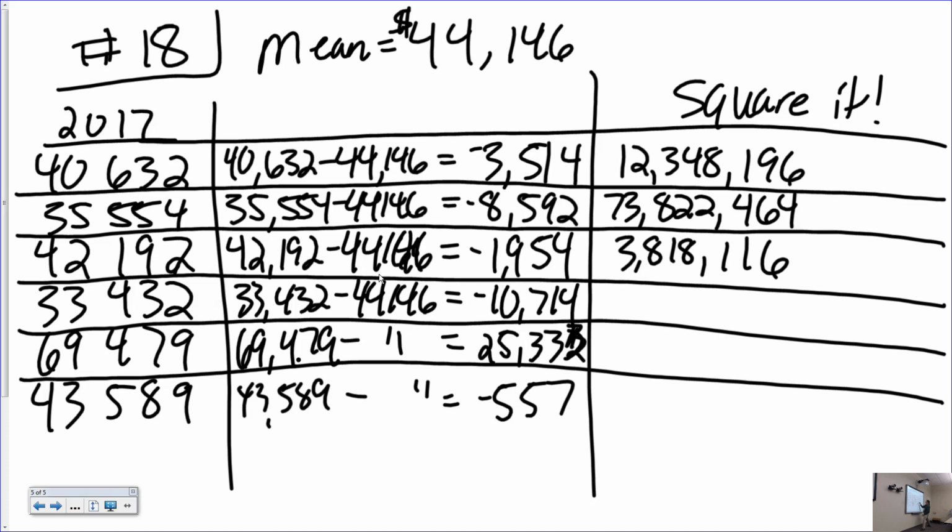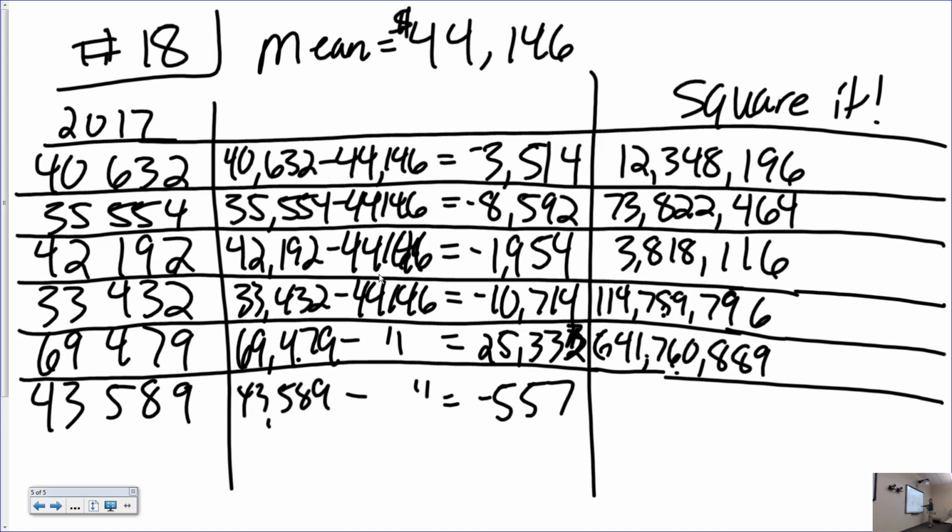You're having fun with this. This is great. 114,789,796. Then 25,333 squared is 641,760,889.